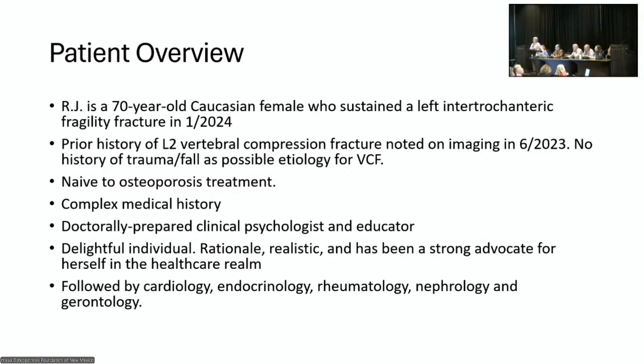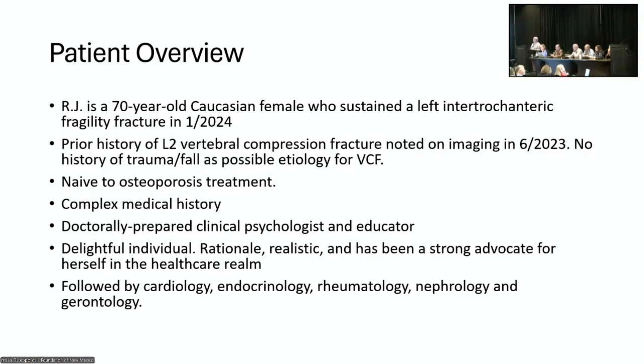She's followed by cardiology. She has AFib, endocrinology, rheumatology, nephrology, and gerontology. So she's a nightmare in terms of care coordination because these are from 3 different healthcare systems in 2 different cities. And that plays into my management of this patient.